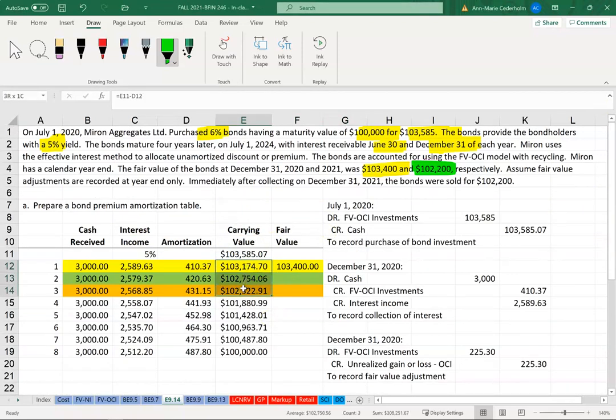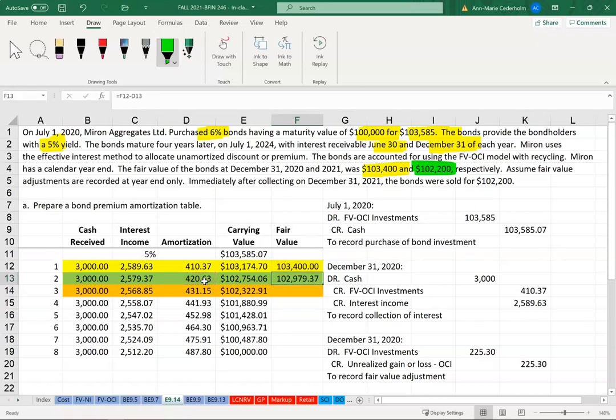So this was everything if I carried it at carrying value. But since I made this adjustment last December to fair value, look what happens. I'd have my last recorded value of $103,400, and then I would subtract this amortization amount because that was a credit into the bond account.